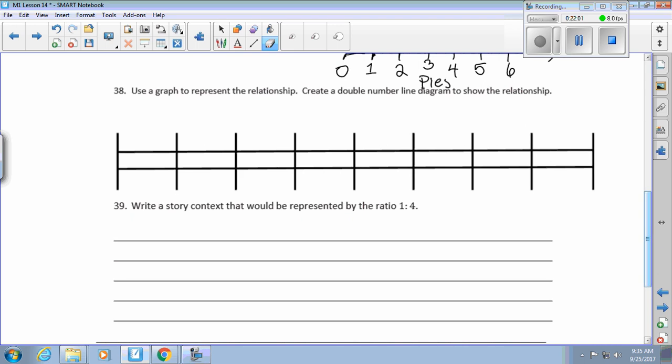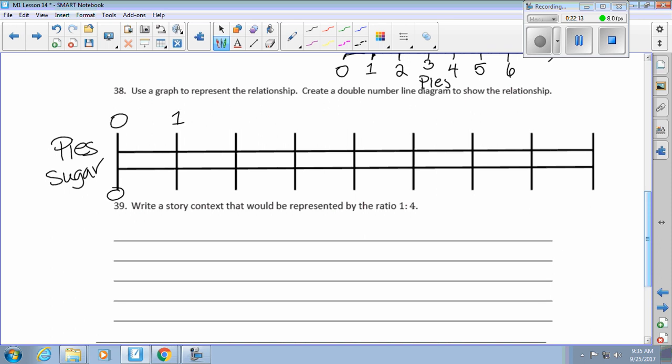Alright, we are going to quickly do our double number line. So, again, we're going to do pies and sugar. So 0 pies is how much sugar, everybody? 0. 1 pie is 3. Yep, so let's just finish this. This is a lot of pies.